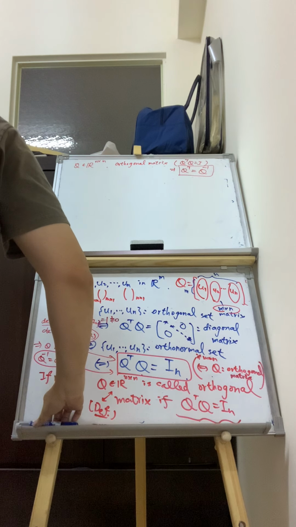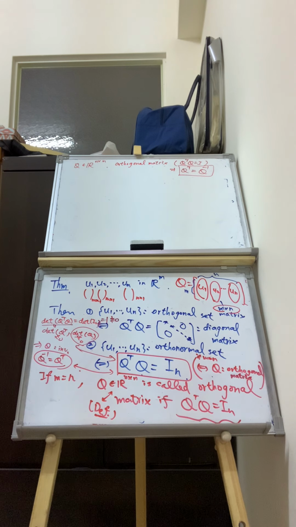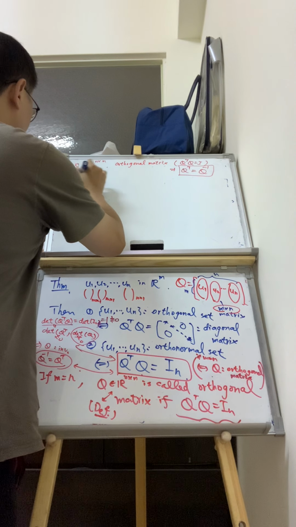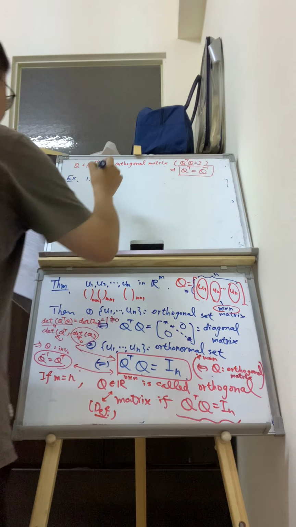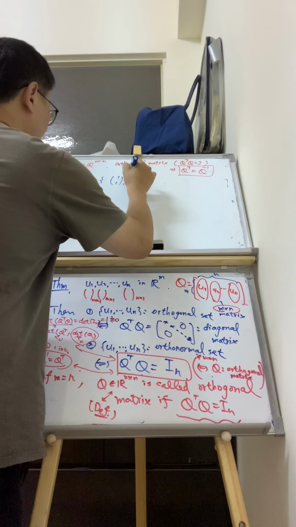Okay, so finally I just give you several examples and we finish this section. So first one, for example, we have 1, 1, 1, negative 1.